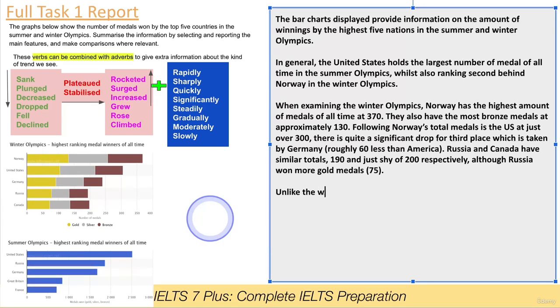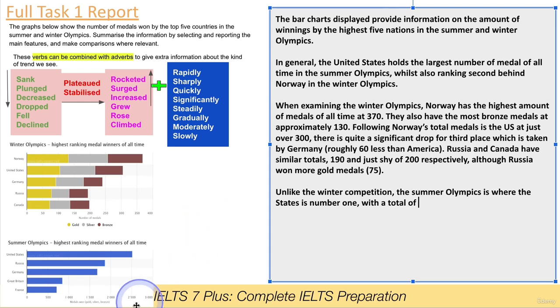So unlike the winter competition, the Summer Olympics is where the States is number one, with a total of 2,500 medals.